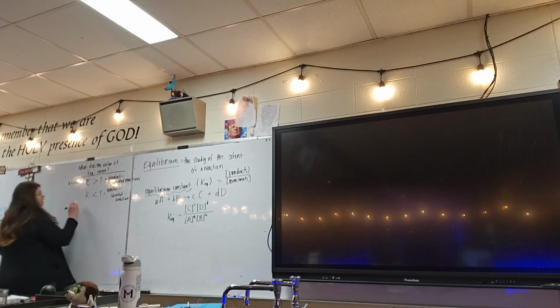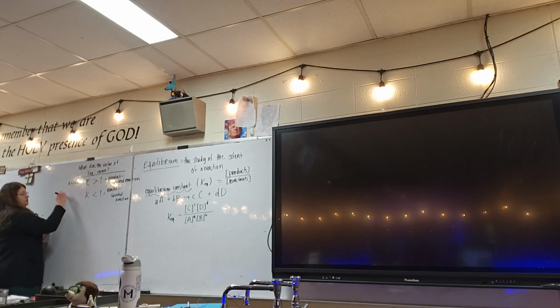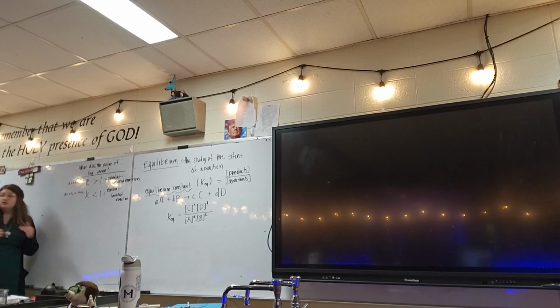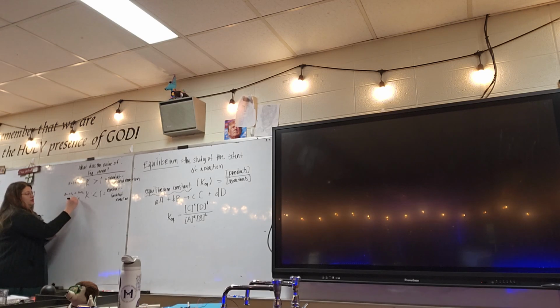An example of this would be the reaction of gold with oxygen to form gold oxide. If you wear gold jewelry, you know that gold doesn't tarnish. This is a reaction that doesn't progress. And so the K value for this is something like 1 times 10 to the minus 60.